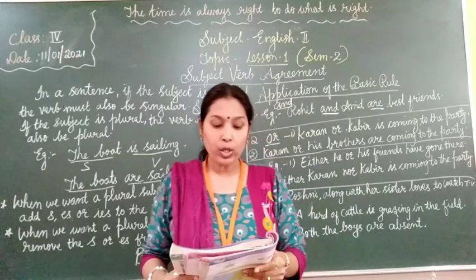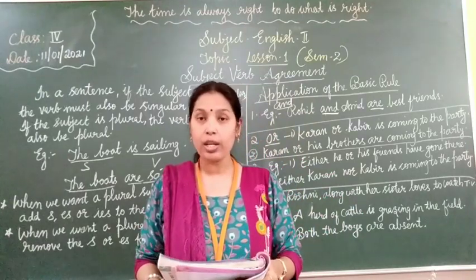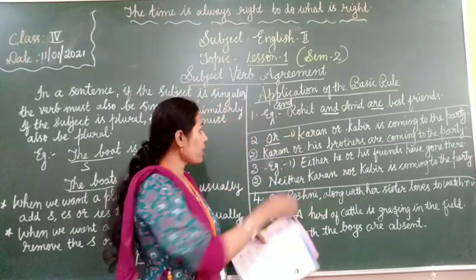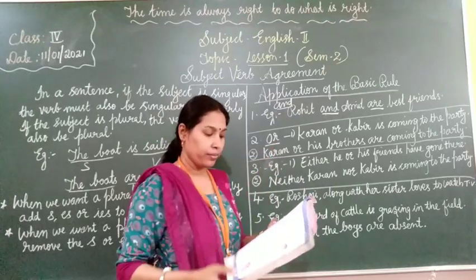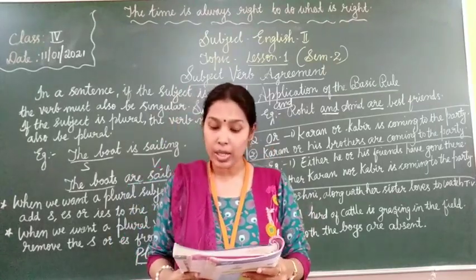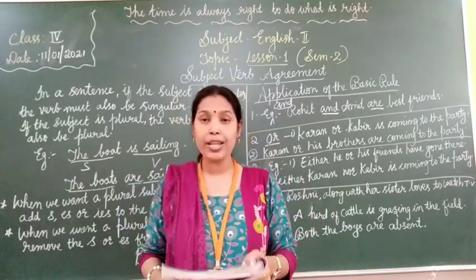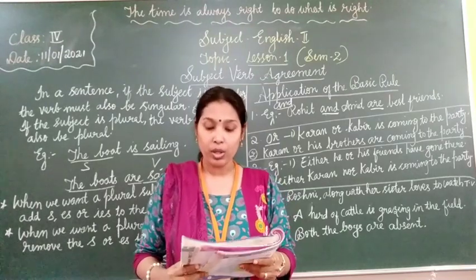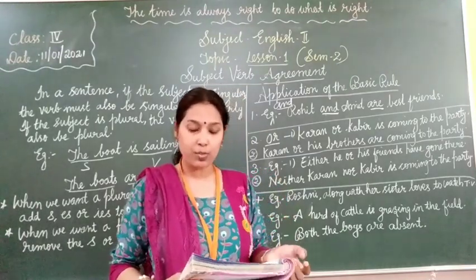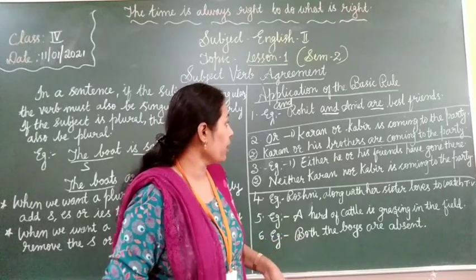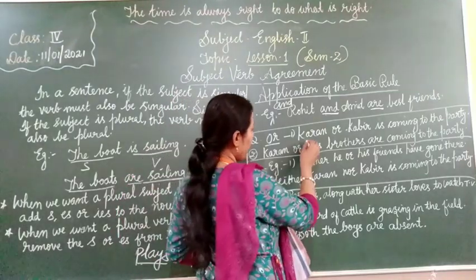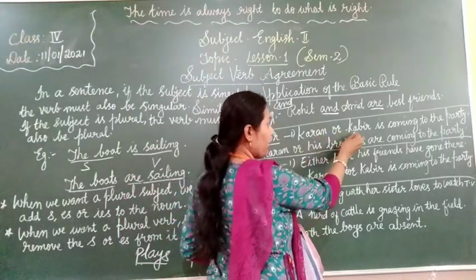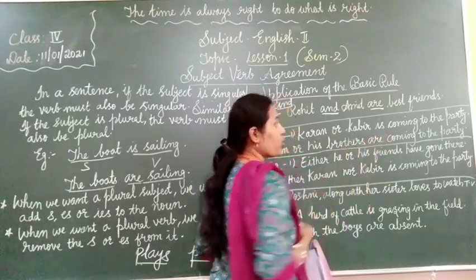Okay, when two subjects are joined by or, the verb agrees with the subject that is placed near the verb. See the example. Karan or Kabir is coming to the party.